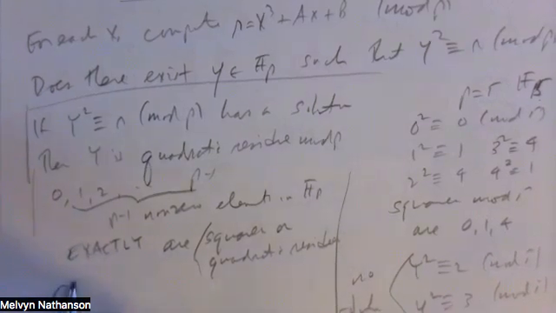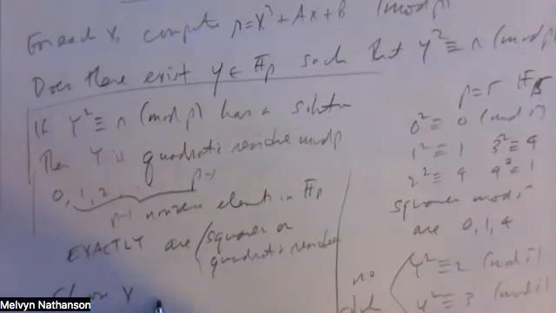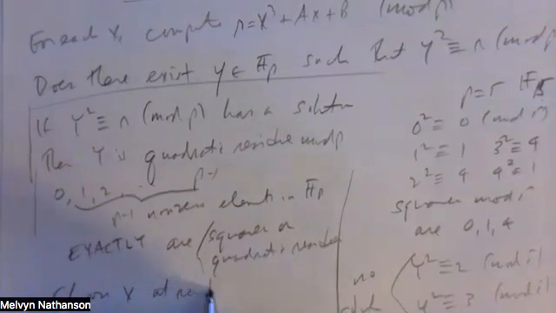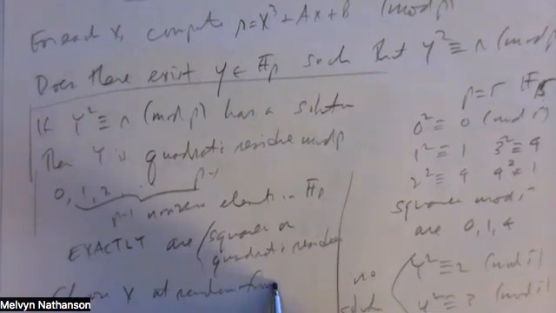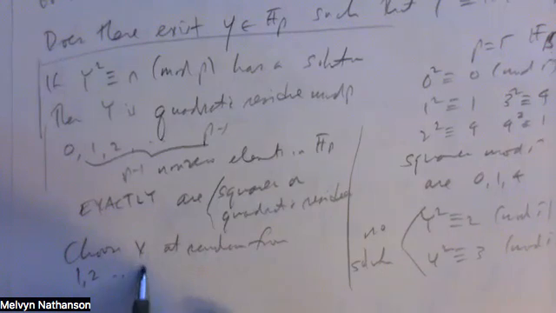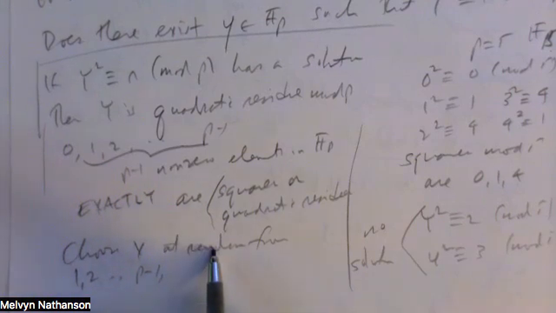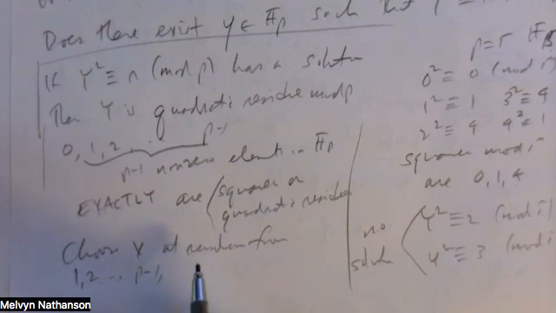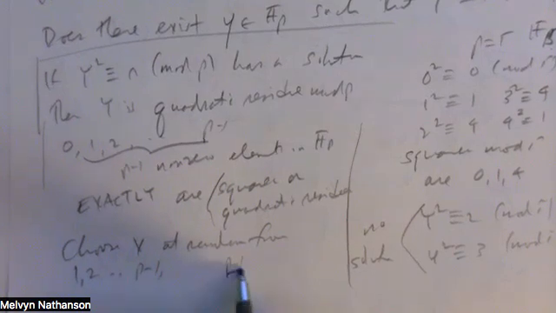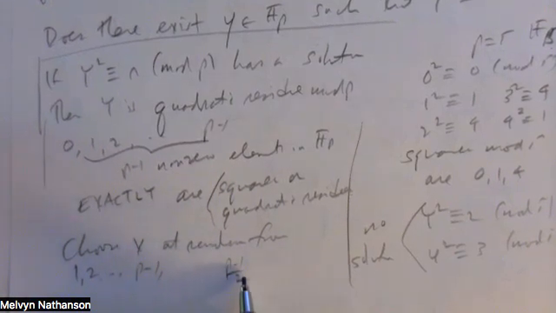So if you choose x at random from the numbers 1 up to p minus 1, half the time it will be a quadratic residue, and half the time it will not be a quadratic residue. So for (p minus 1) over 2 choices, you will have a quadratic residue.